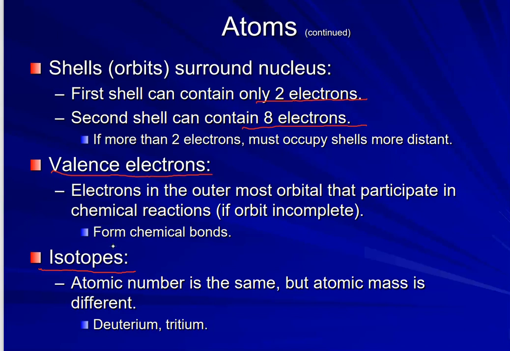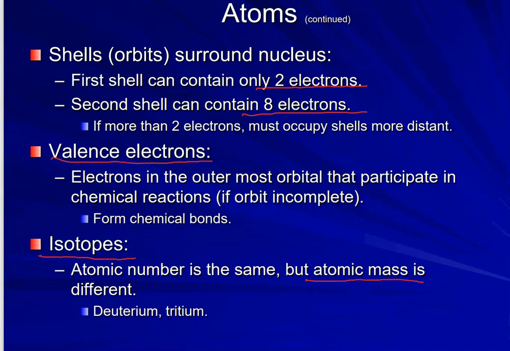That comes by varying the number of neutrons. So the atomic mass is different from the non-isotope version of that element, and it has either more or fewer neutrons. The neutrons make the difference there. So carbon 14 has 8 neutrons plus the 6 protons, of course.